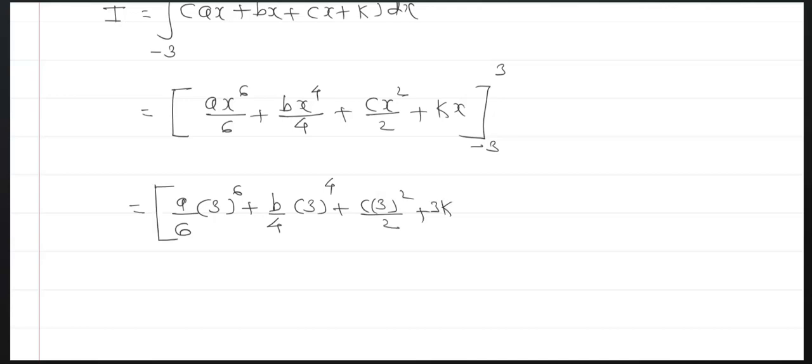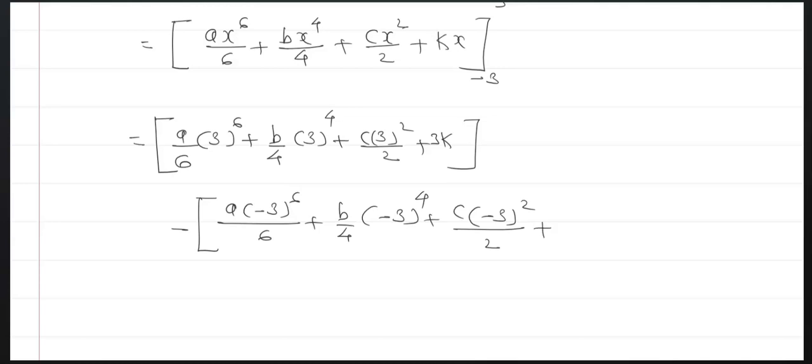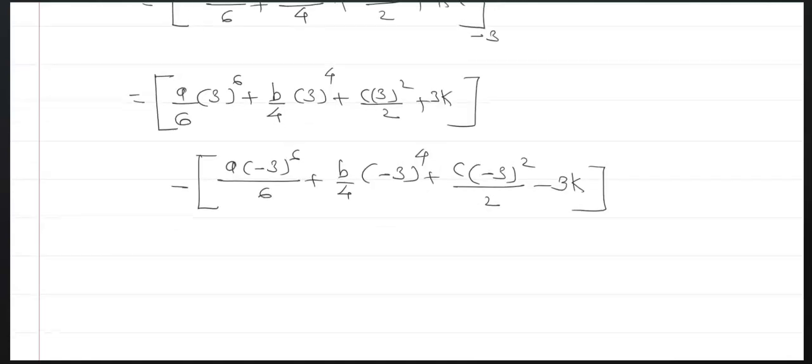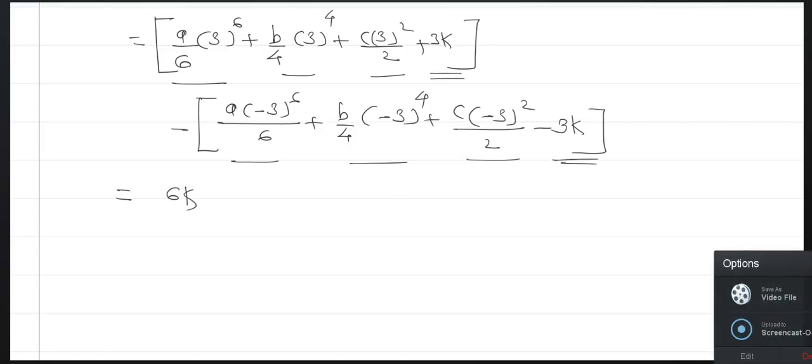Therefore, you will get, once you put x equal to 3 and next x equal to minus 3, evaluate it. Overall you will get 6k.